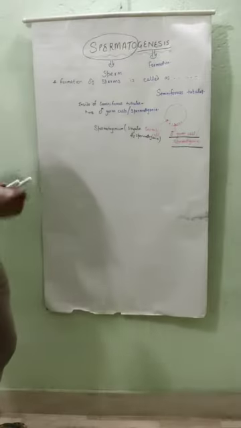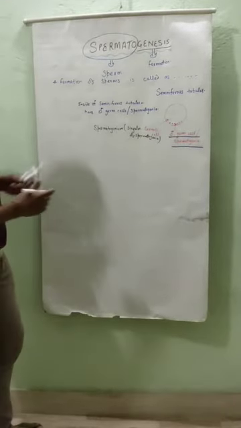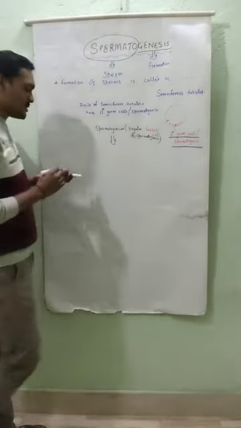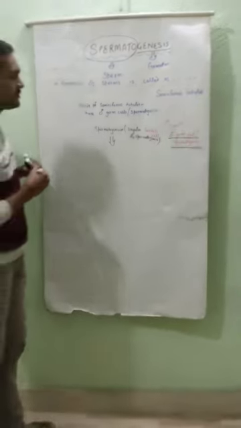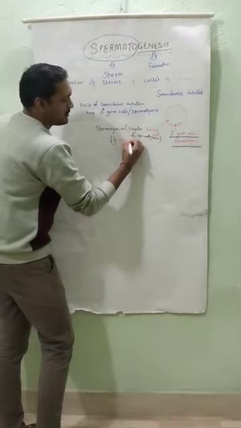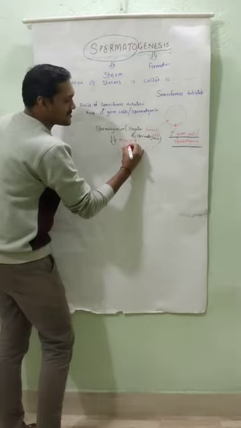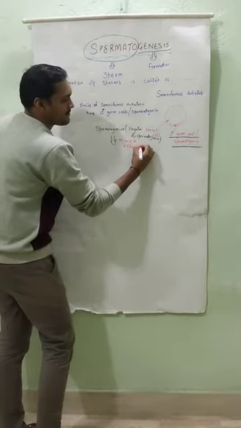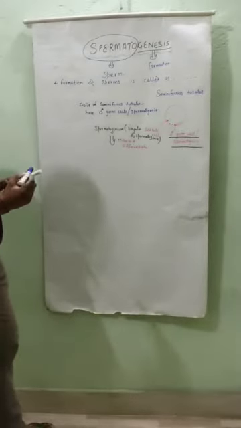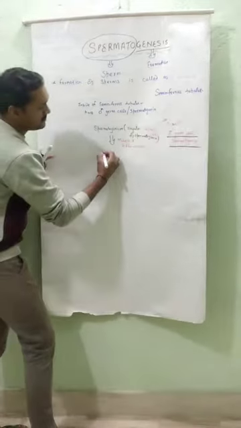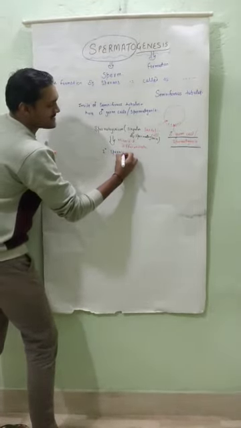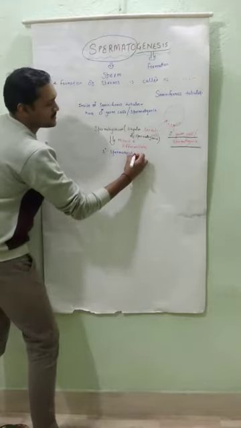Now these spermatogonium cells undergo mitosis and differentiate to form a special type of cell called the primary spermatocyte.